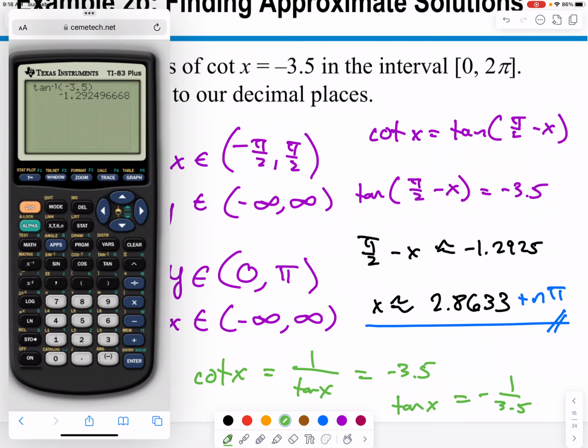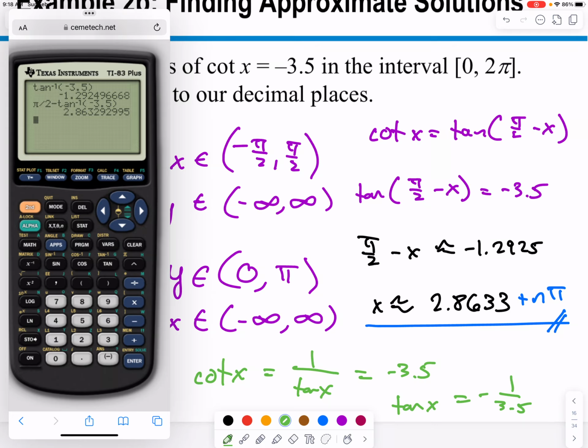Okay, let me think, add. Okay, so what I'm trying to do is, if we do this pi over 2, I'm just going to do minus the arctan of a negative 3.5. I'm trying to get this 2.8633 in one go. Okay, we got it.